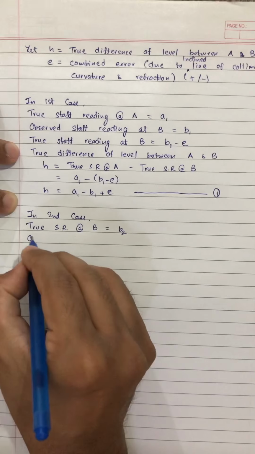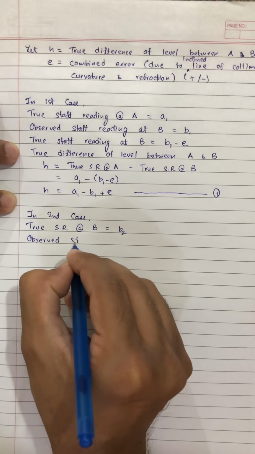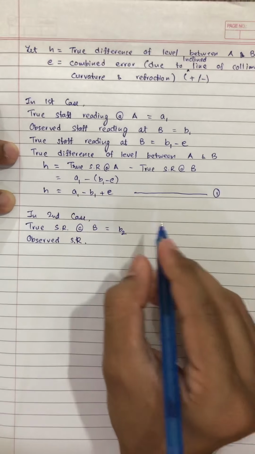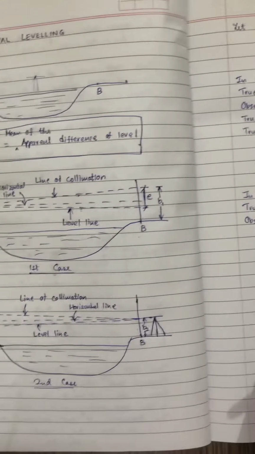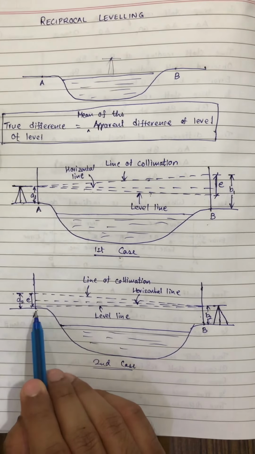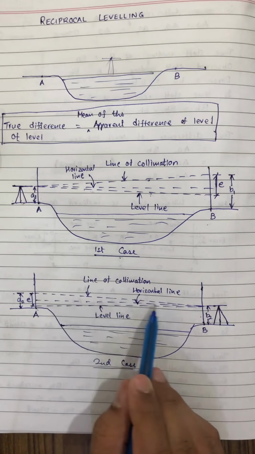What is the observed staff reading at point A? Now you see, the observed staff reading at point A is A2 because this is coinciding with the line of collimation.